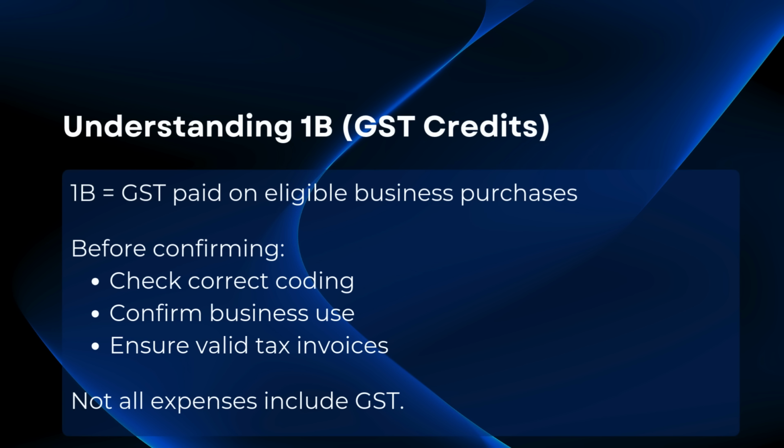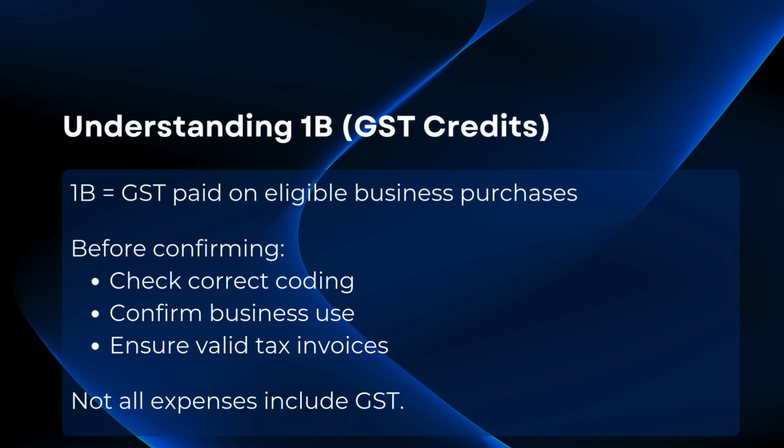Now the BAS calculates the difference. 1A minus 1B. If 1A is greater than 1B, you owe GST to the ATO. If 1B is greater than 1A, you're owed a refund from the ATO.